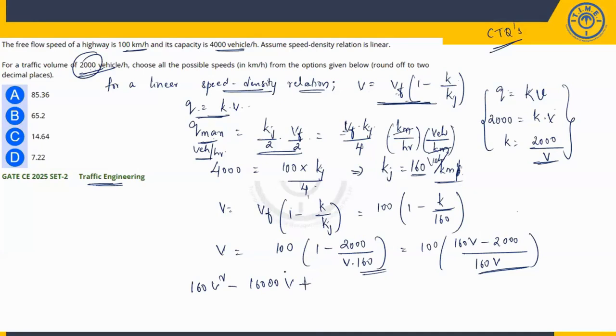We will be getting 160V square is equal to 160 into 100V minus 2000 into 100. So we have this equation now.